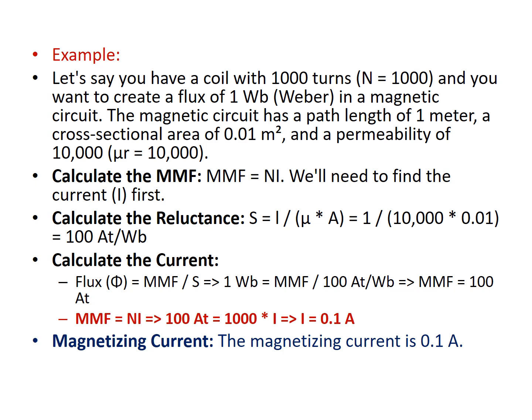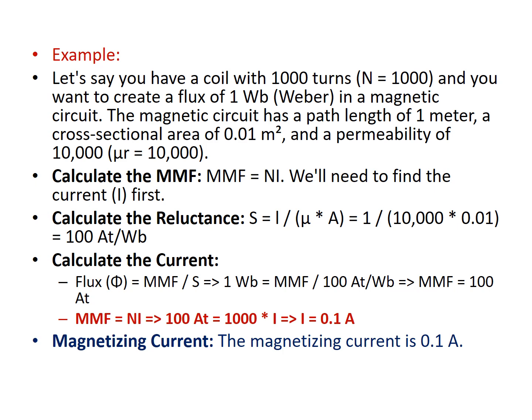Let us consider another example. You have a coil with 1000 turns and you want to create a flux of 1 Weber in a magnetic circuit. The magnetic circuit has a path length of 1 meter, a cross-sectional area of 0.01 meter square and a permeability of 10,000.